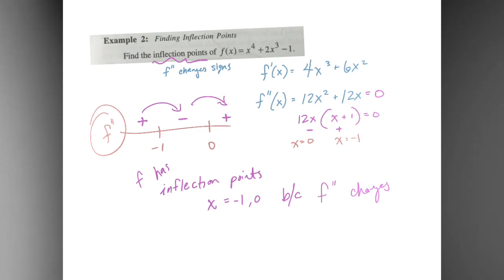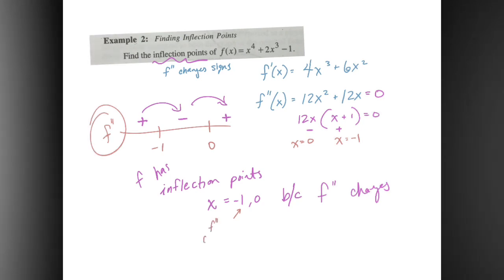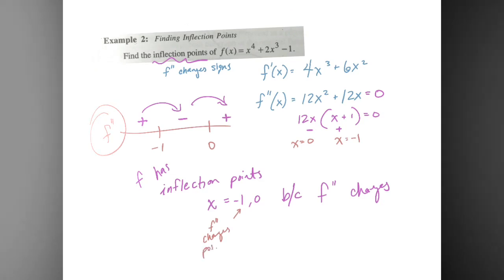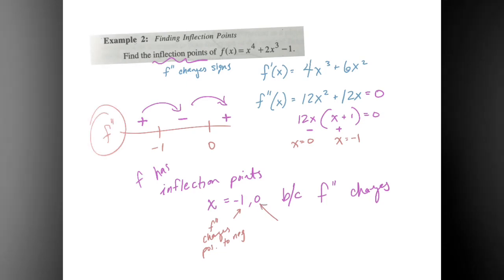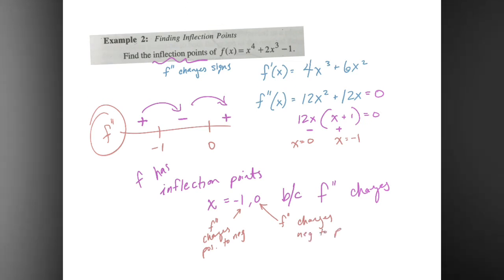At x equals negative 1, we're changing from positive to negative, and at x equals 0, f double prime changes from negative to positive. Cool. Thanks for watching. See ya!